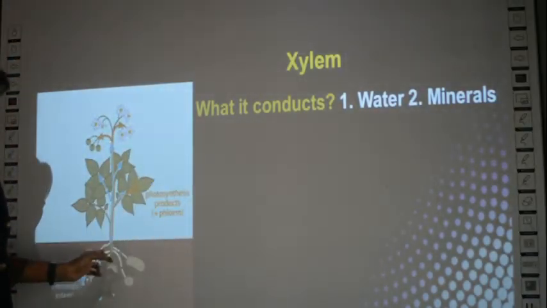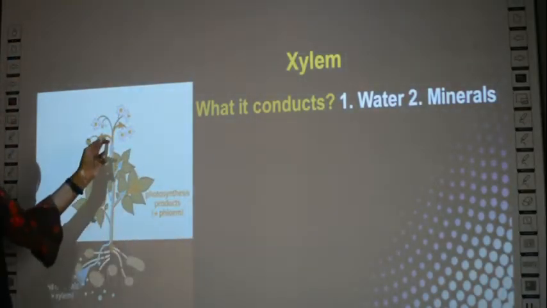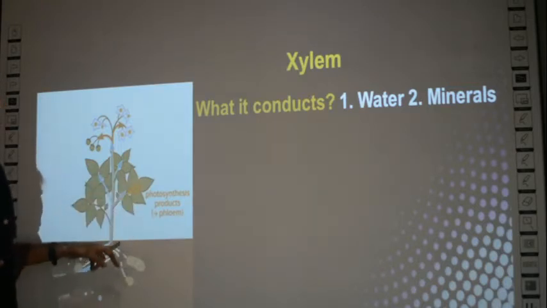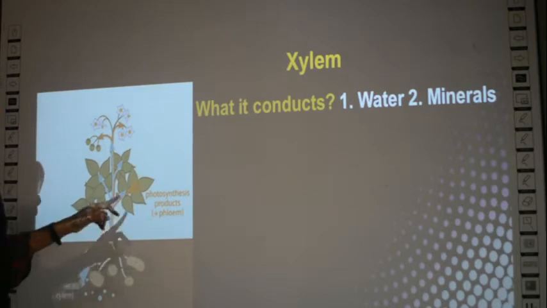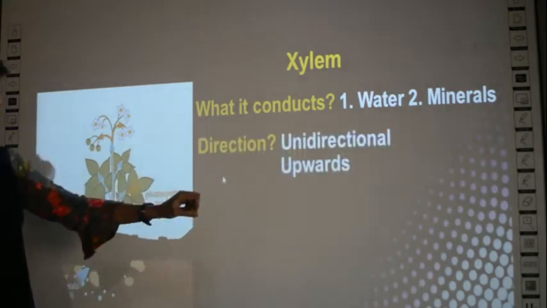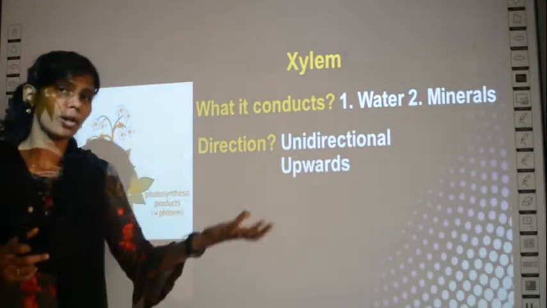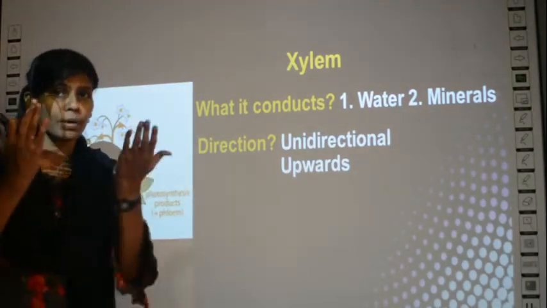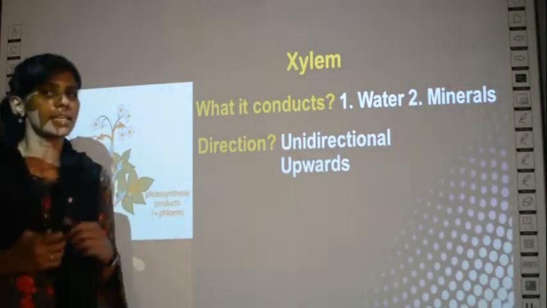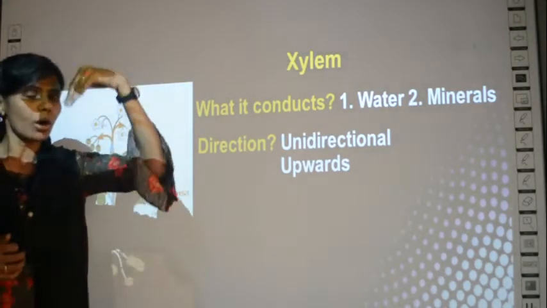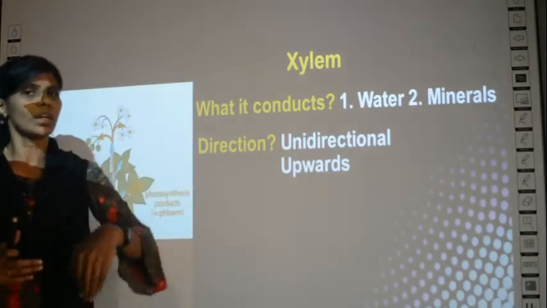Here the movement of water through the xylem is shown by a blue arrow, and the movement of food through phloem is shown by an orange arrow. Clear? So what is the direction of flow of water through the xylem? You all know xylem always takes up water, no? So what is the direction? Can it pass only upward, or will it pass from up to down also?